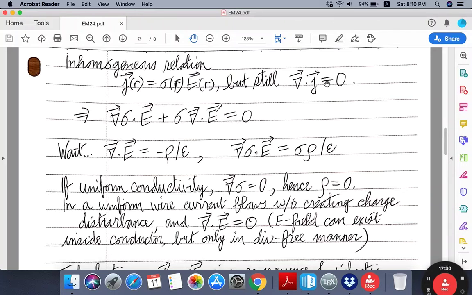And charge conservation led to the existence of the continuity equation. And once you assume the time-independent situation, then the continuity equation just reduces to this divergenceless condition for the current density vector. So this is a very strong constraint that should be applicable even in the inhomogeneous situation.